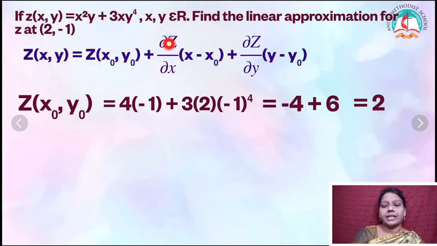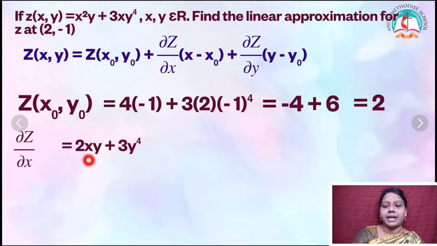Now what I have to find is the differentiation. So, dou z by dou x. I am going to differentiate with respect to x. If I do it partially, then y will be constant, so I differentiate only the variable x. The differentiation of x square is 2x and y stays as it is.